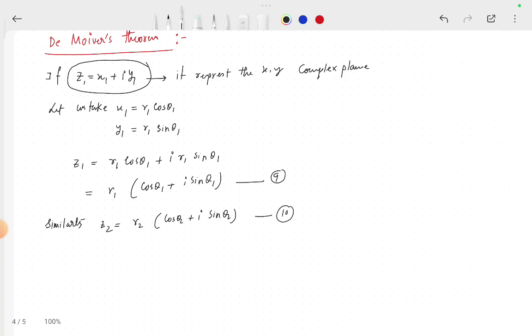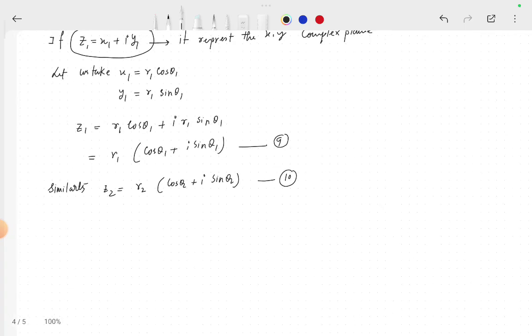That is equation number 10. Okay, now we have to multiply these two complex numbers z1 z2. What do you get? r1 r2 (cos theta 1 plus i sin theta 1)(cos theta 2 plus i sin theta 2).